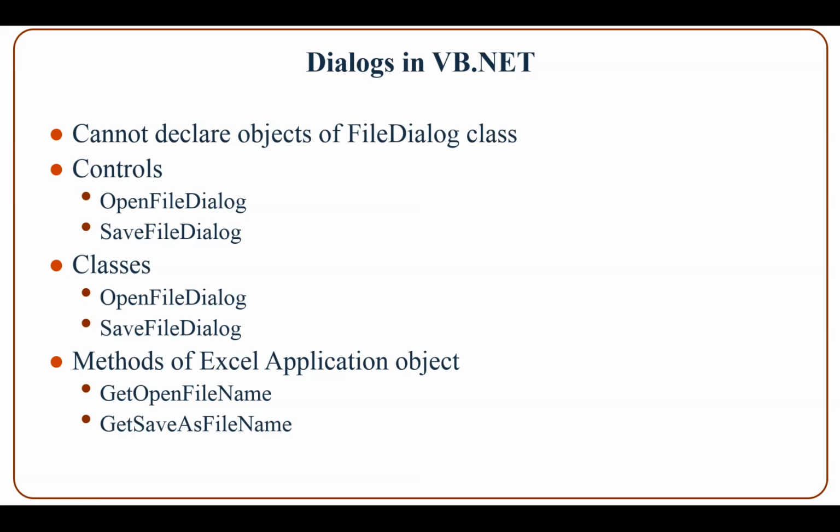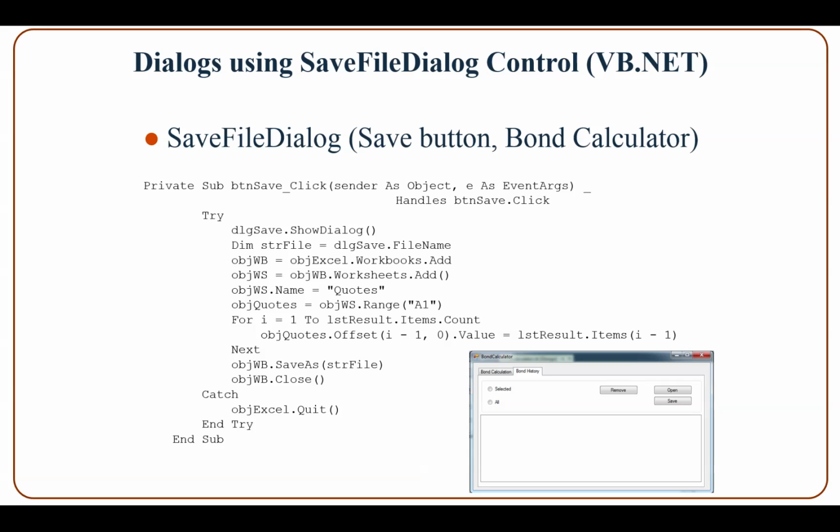And similarly, you can use the methods of the Excel application object just like what you did in VBA, by calling the methods GetOpenFileName and GetSaveAsFileName of the Excel application object. Now let's see how you can modify the bond calculator application.